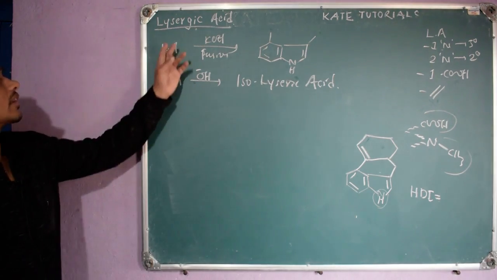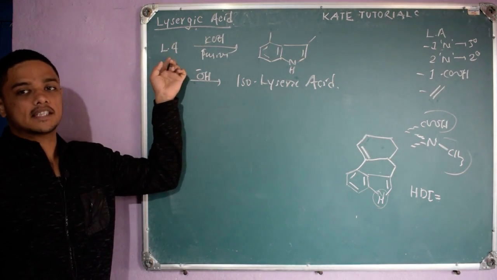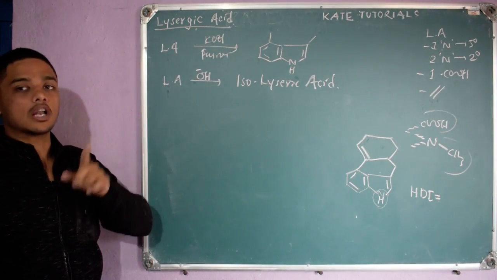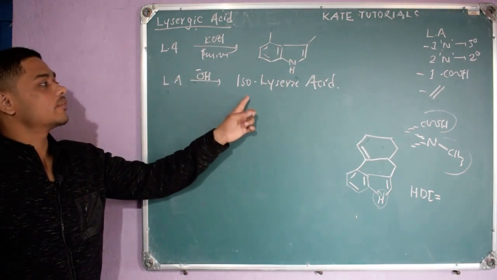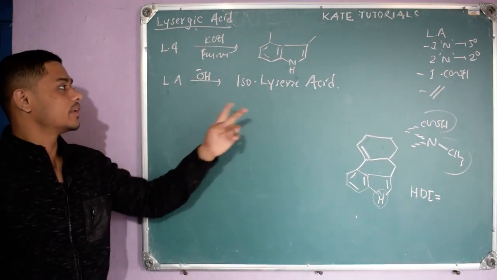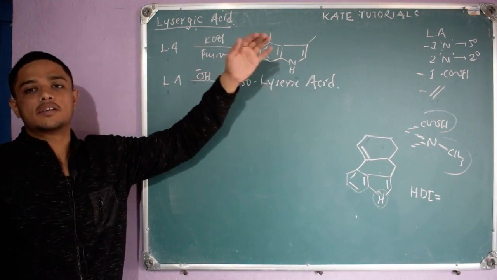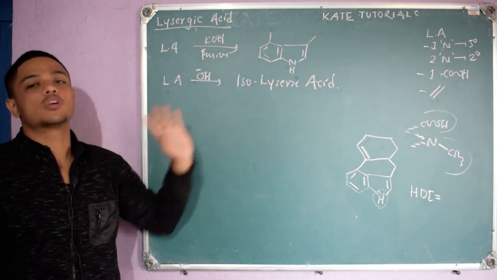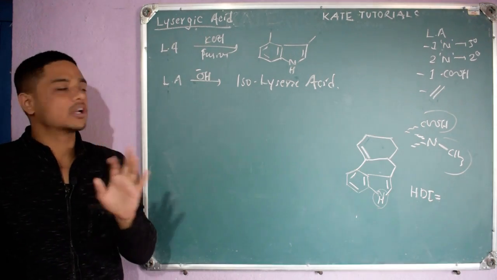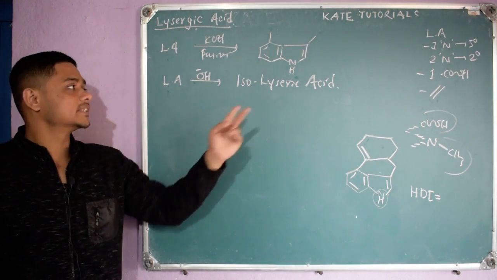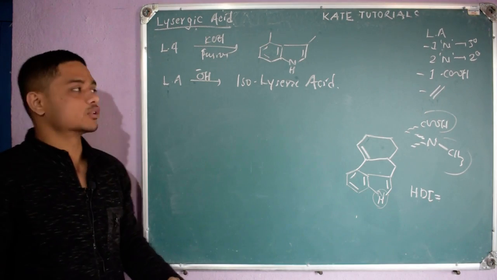These ergot alkaloids are there, and lysergic acid is an ergot alkaloid. Every ergot alkaloid will be present in two forms: one like lysergic acid, and one more isomer, isolysergic acid.